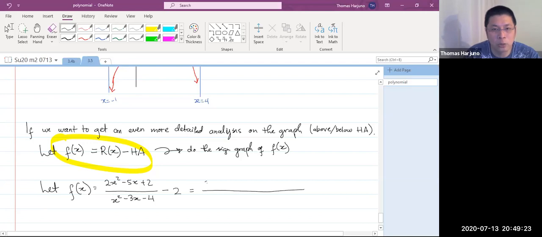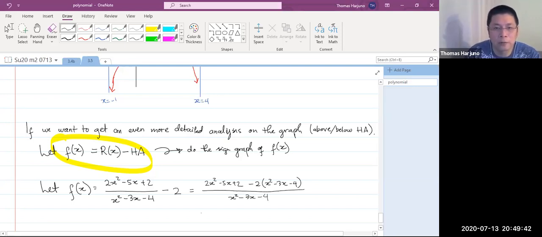So I get (2x² - 5x + 2 - 2(x² - 3x - 4))/(x² - 3x - 4).